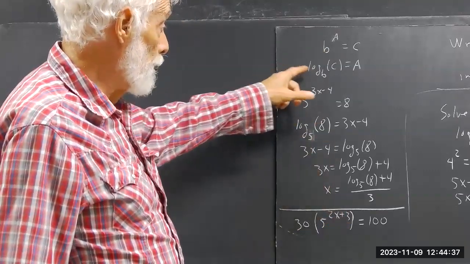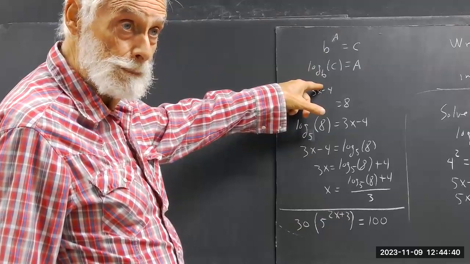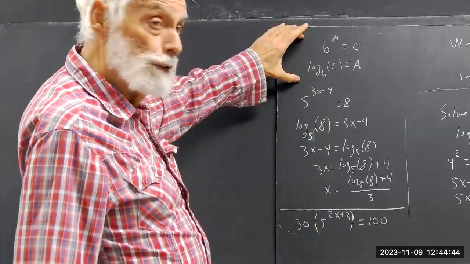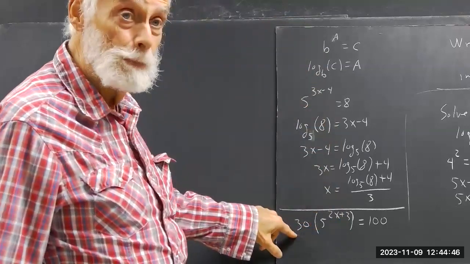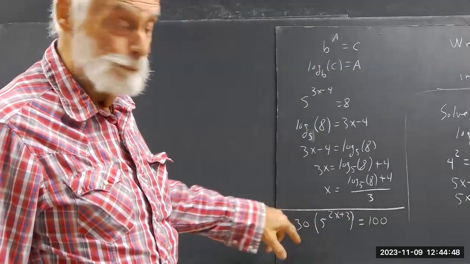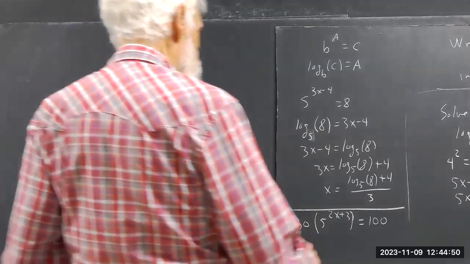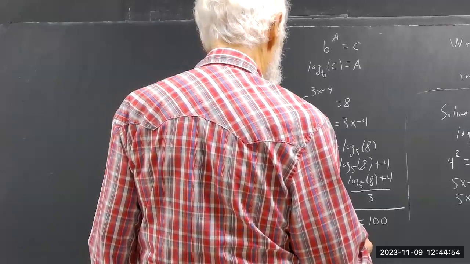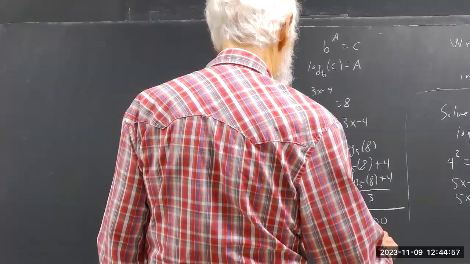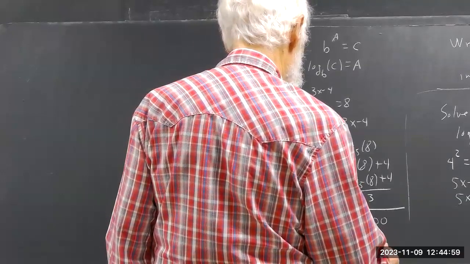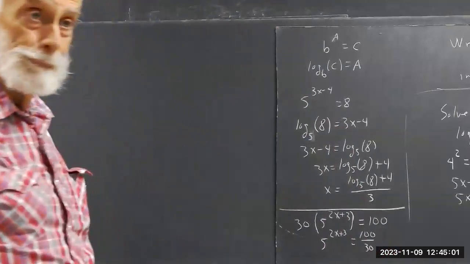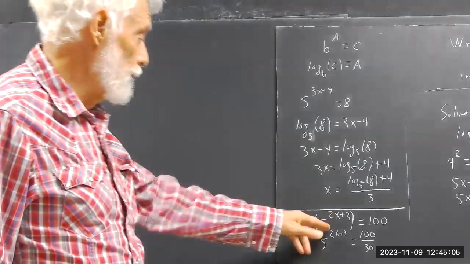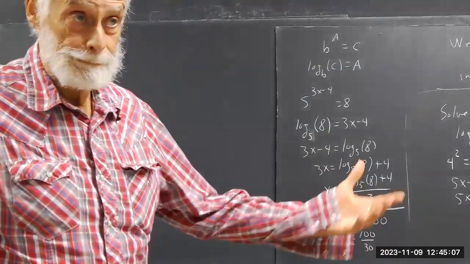And there's nothing in front of the log base b. So you can't use this just yet, but if you divide both sides by 30, you'll be able to. This means that the 5 to the 2x plus 3 is 100 over 30. Okay, so if you've got a coefficient out in front here, you got to divide through.